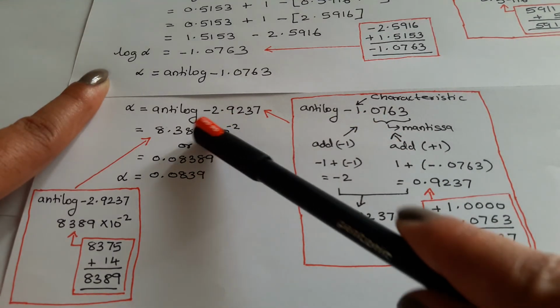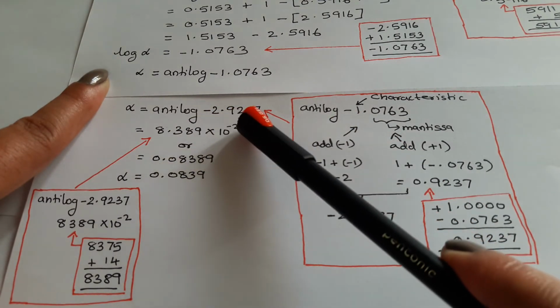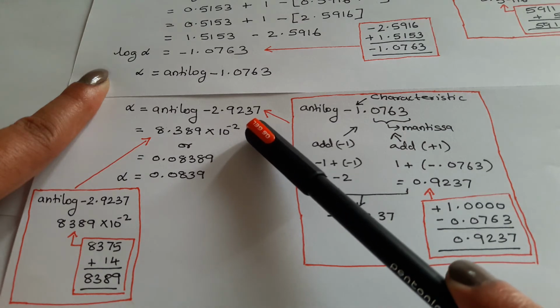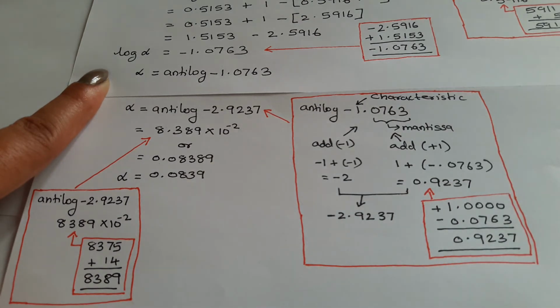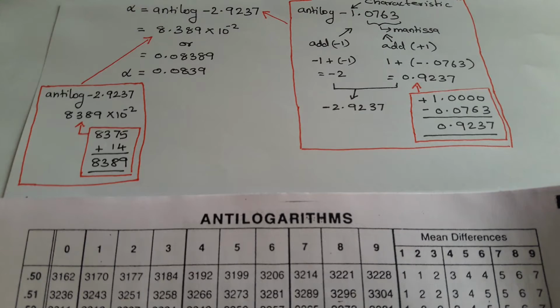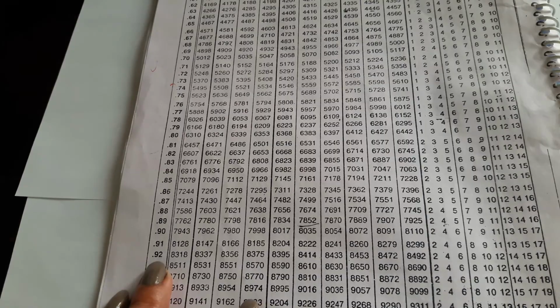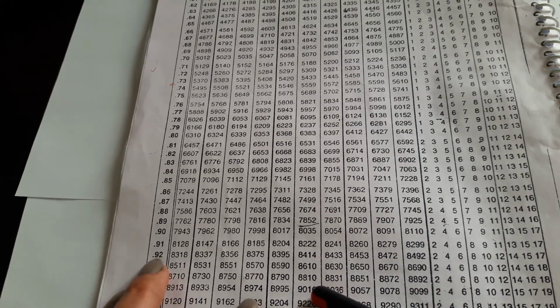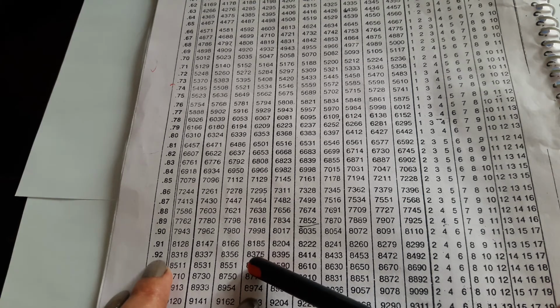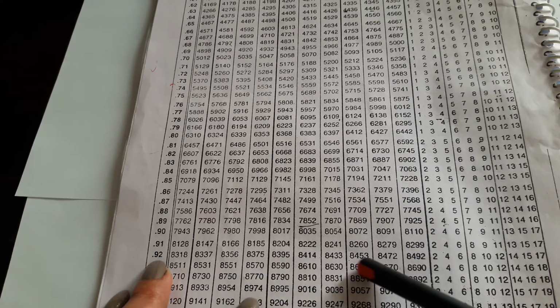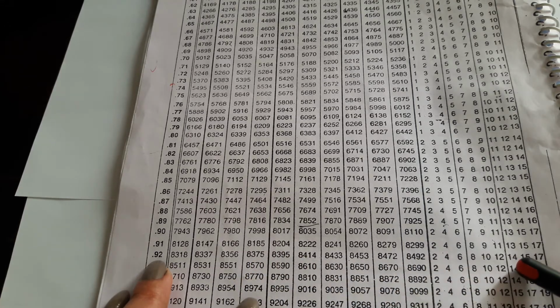Now we find the antilog of this number using the antilog table. We see 0.92 under 3, that is 8375, and the mean difference we have to see it under 7, the value is 14.